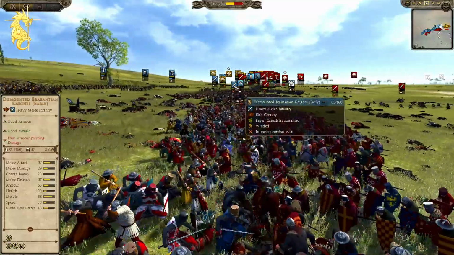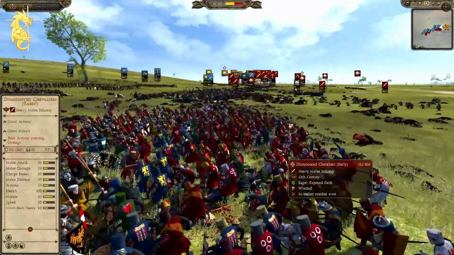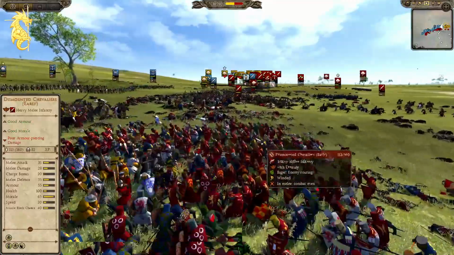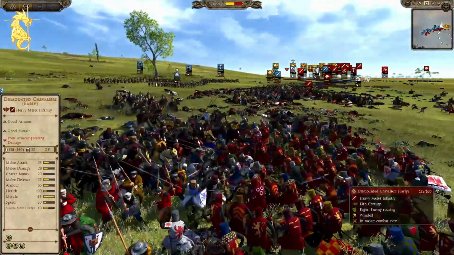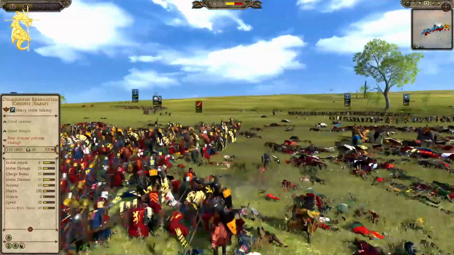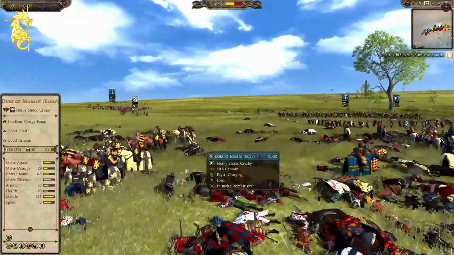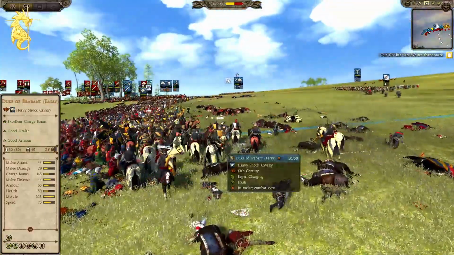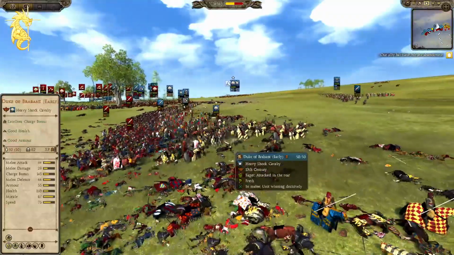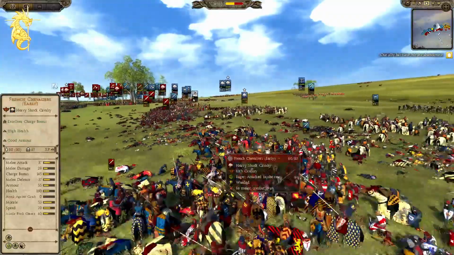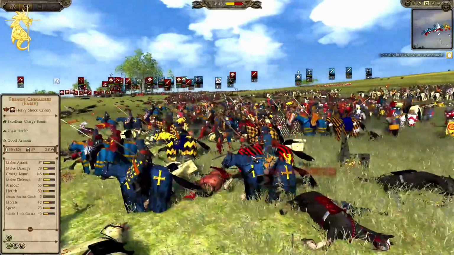Brabantian knights doing all right so far. Dismounted chevaliers carrying it. Look at that, one of them 82 or 85, I think it was. The Duke of Brabant, so the general, trying to come in and offer some support for his men.